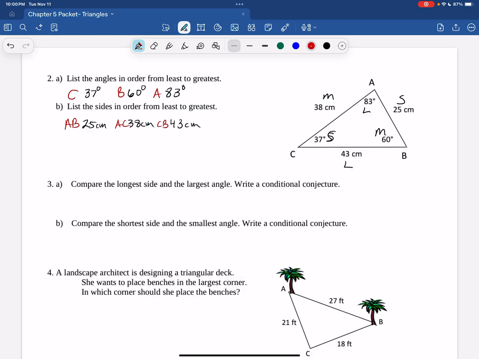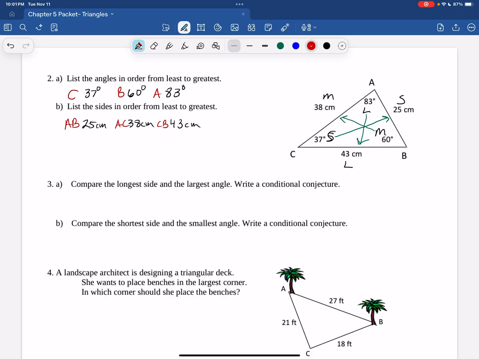And what I'd like you to notice is if you look over here at our picture, and if I start at the angle and draw an arrow from the angle across to the side, you're going to notice that the smallest angle is across from the shortest side. The medium angle is across from the medium side. And the largest angle is across from the longest side.